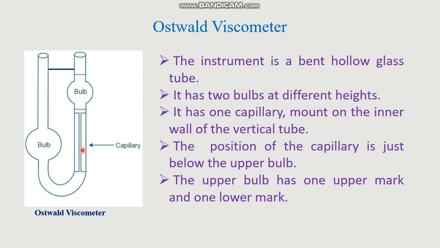So you have to take a fixed volume of liquid, say 20 ml, 15 ml or 25 ml, with the help of a pipette. So pour that liquid into this bulb. It will be stored here, and from this point you have to suck it, and when the lower meniscus touches this upper mark, then just release the suction, then liquid is now falling through this capillary.